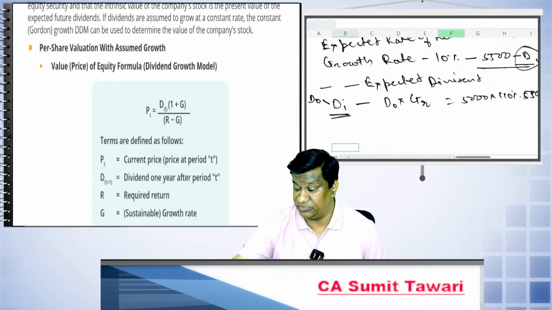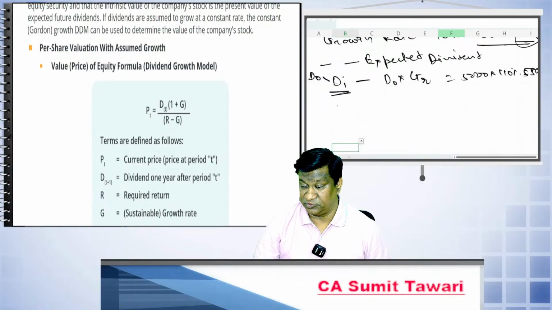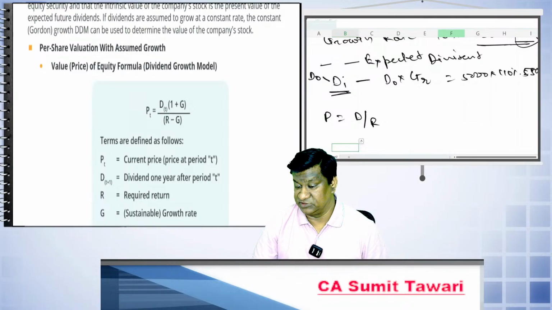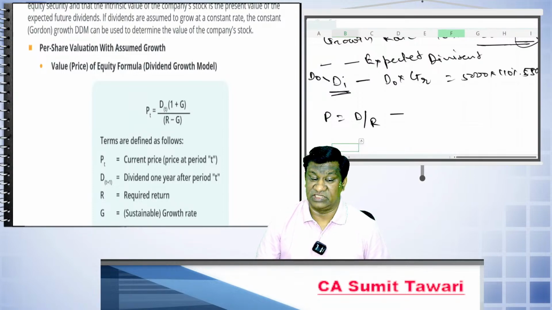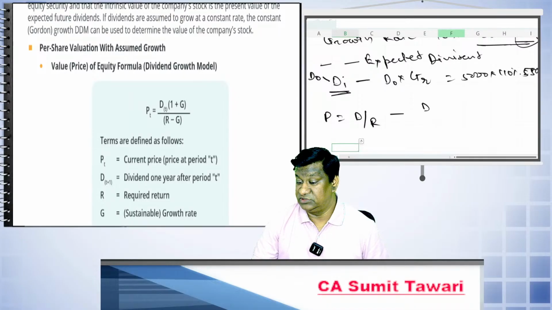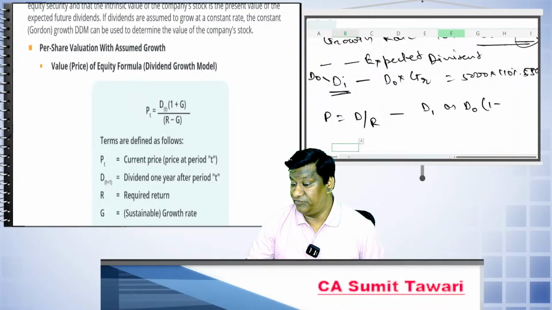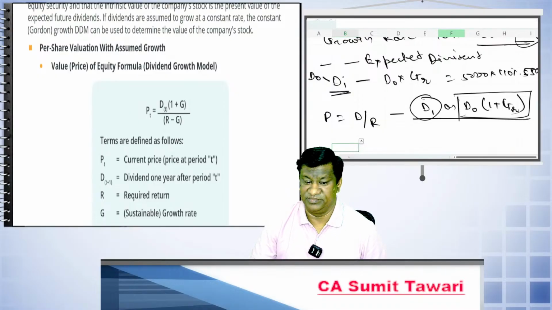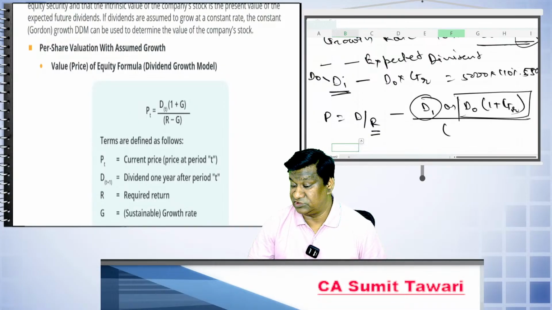So what is the formula? Comparing with the perpetuity, price equals dividend divided by R, the expected rate of return. Now there is a slight modification: it is D1, or D0 multiplied by 1 plus growth rate. Either you can consider D1 or this one, the same thing. But instead of R, you need to use R minus growth rate.